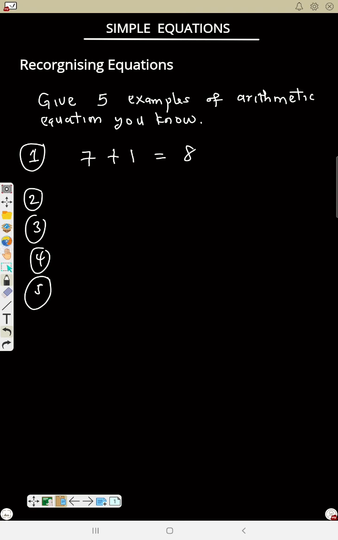Now let's say algebraic equation. Now, what is algebraic equation?